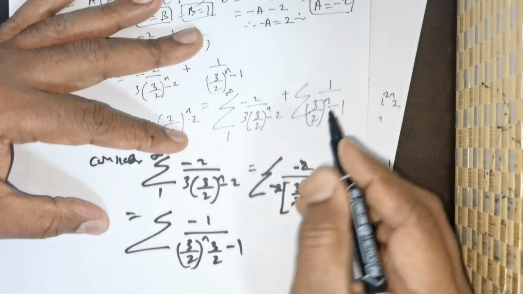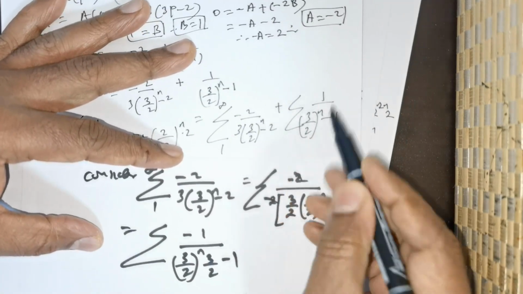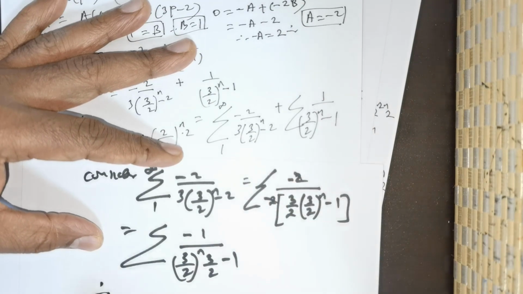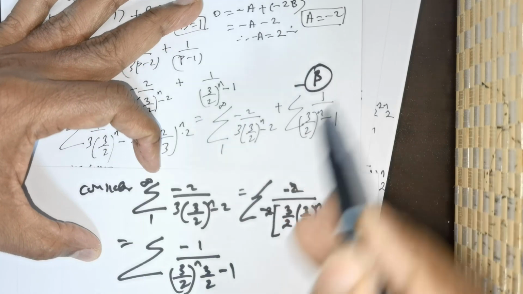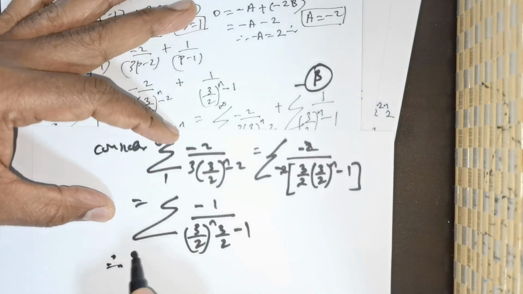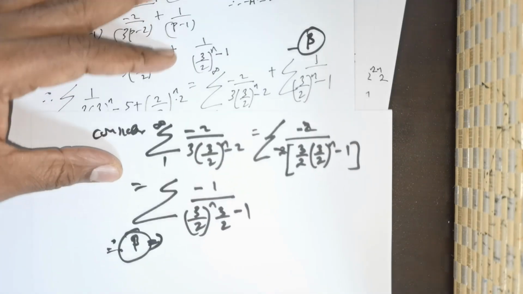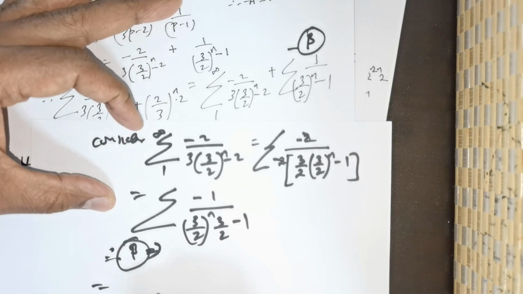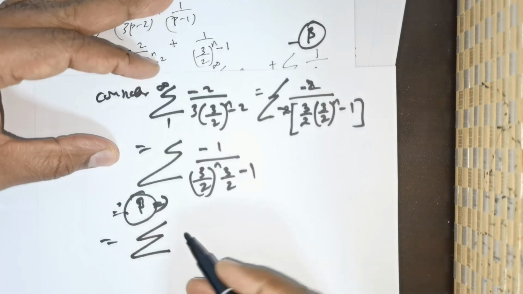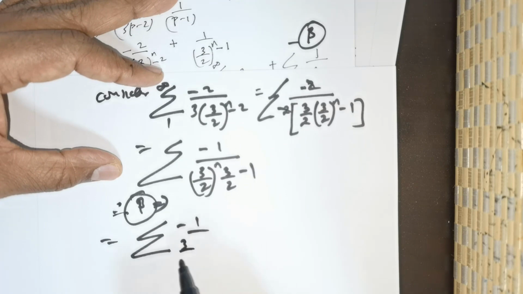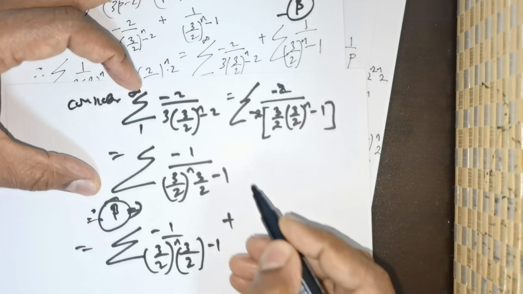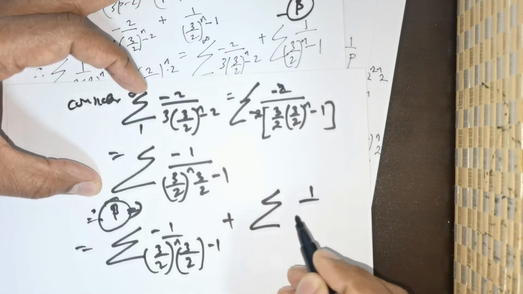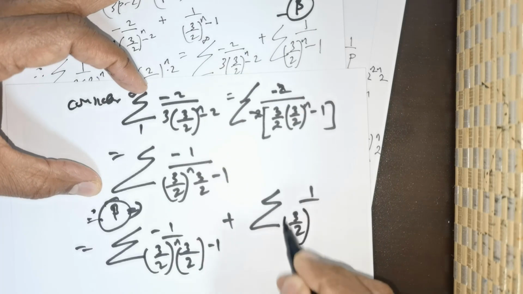This is the quantity. Now what's this? So if I were to take this as some beta, I can rewrite beta as sigma negative 1 over 3 over 2 raised to the power of n times 3 over 2 negative 1, plus sigma 1 over 3 over 2 raised to the power of n negative 1.